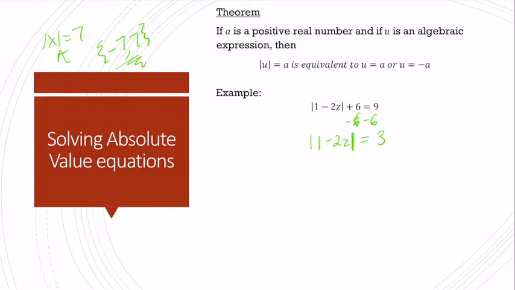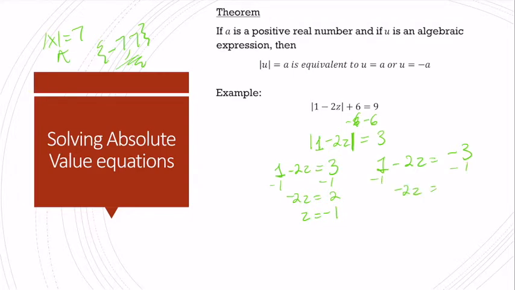I now know that 1 minus 2z could be equal to 3, or 1 minus 2z could equal negative 3. I'm going to subtract 1 from both sides. I get negative 2z equals 2, so z in this case would be negative 1. I subtract 1 from both sides.